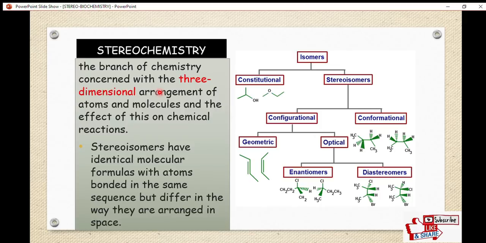All these molecules over here are represented in 3D views. So that's stereochemistry.